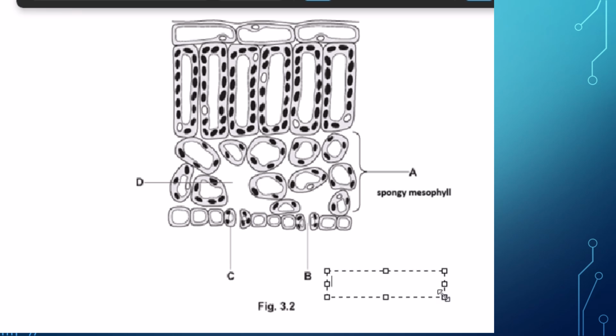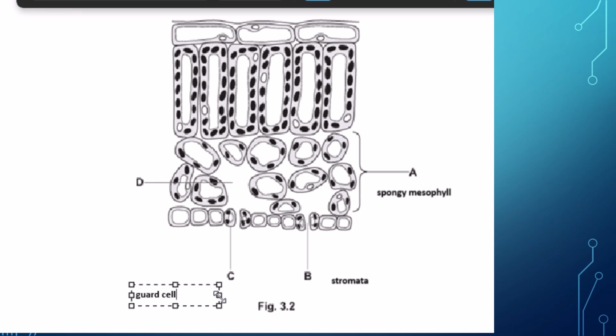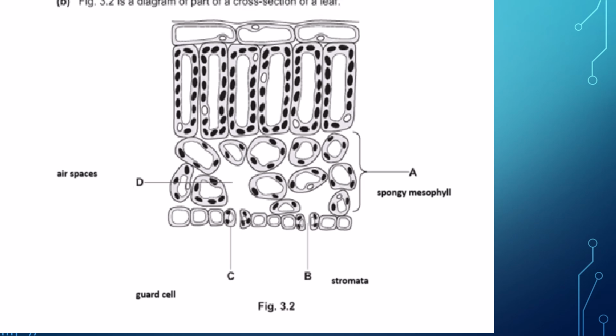Here we have the stomata. Here we have the guard cell. And in here we have the air spaces. Little note here, I had quite a few students who got this one and this one confused, so they switched them around. So please be aware of where the arrow actually points, so you won't get confused.